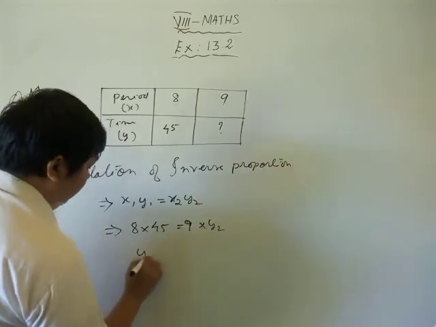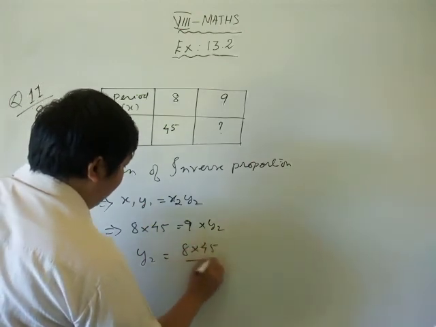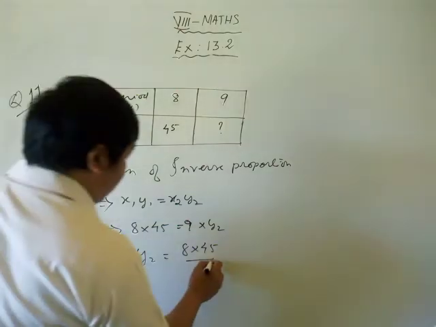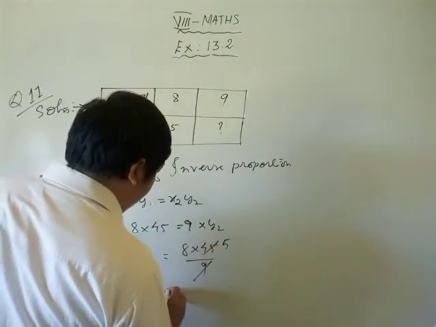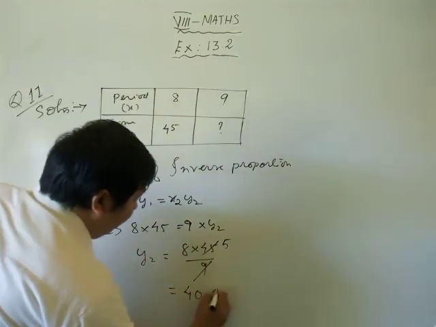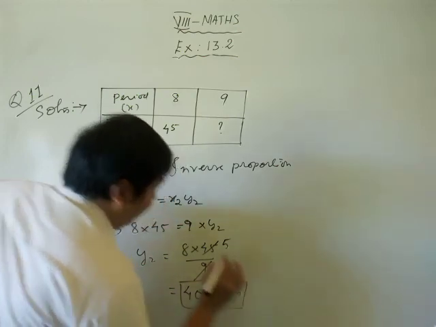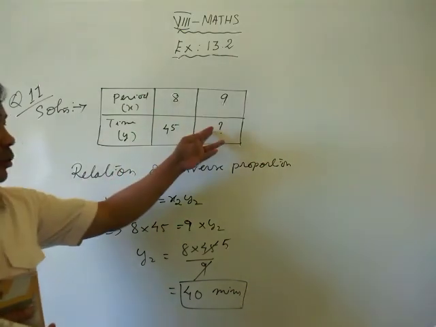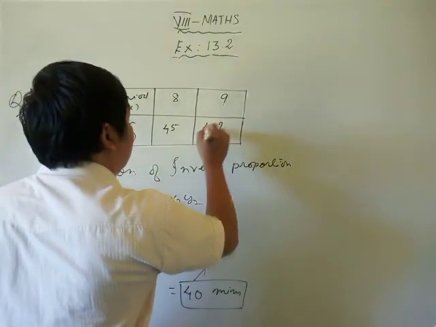So y2 is equal to 8 into 45 by 9. Let us see how much we get. 9 5s are 45, so 8 5s are 40. If there are 9 periods in the school, each period will reduce to 40 minutes. So the answer is 40 minutes.